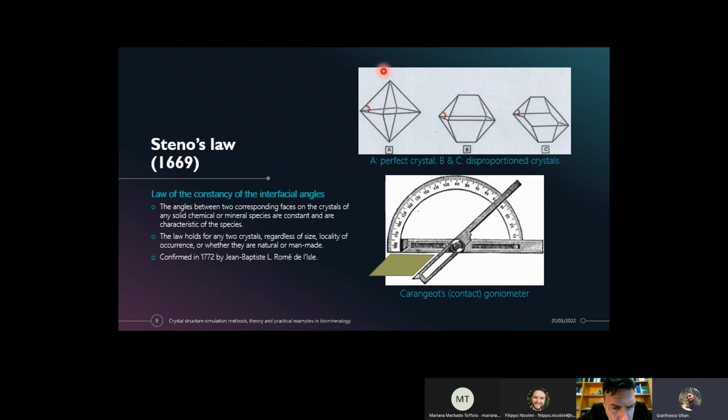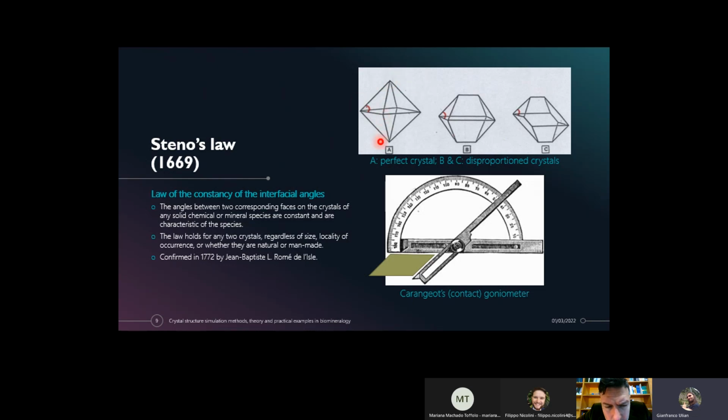It means that if you take, for example, in this case, a perfect octahedral crystal that is made by a kind of material, for example, it could be pyrite, okay? The angle described by each face is constant at specific temperature and pressure conditions.